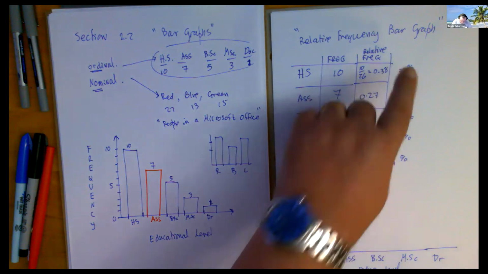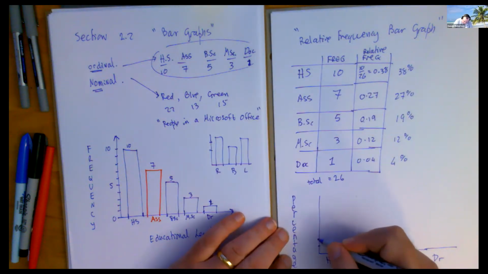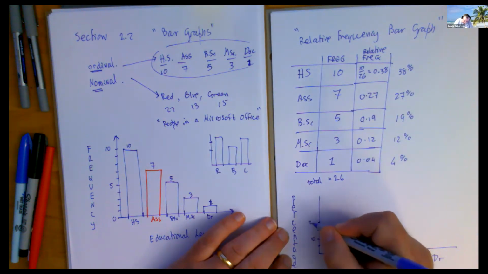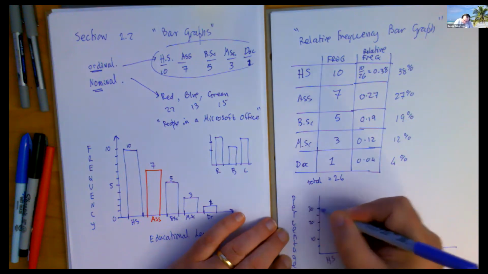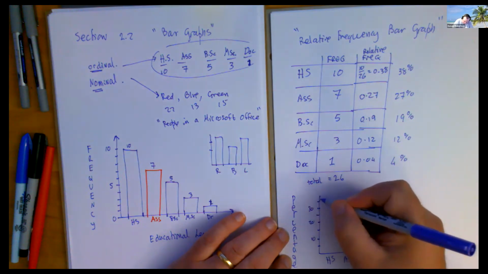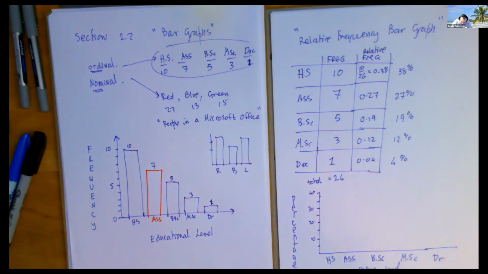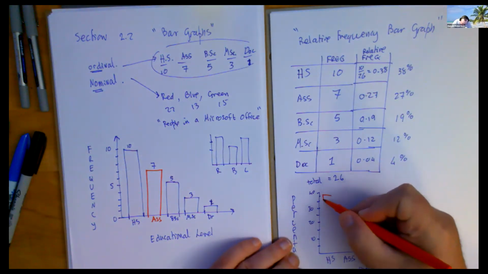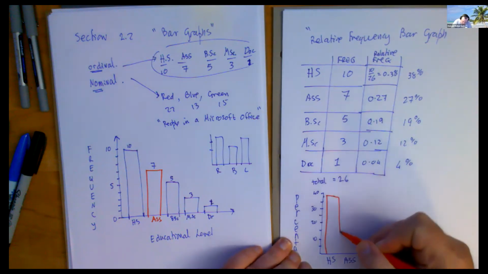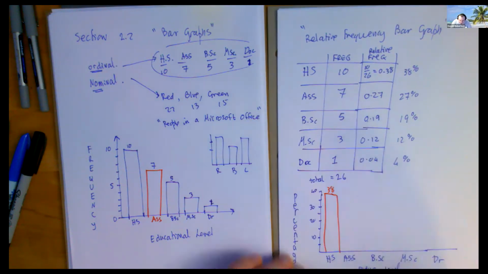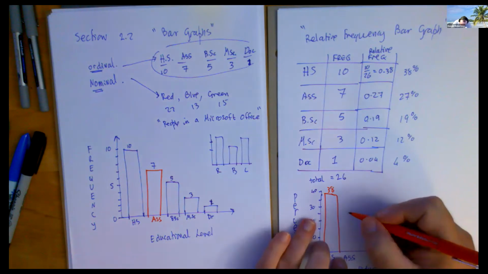And since the biggest one is 40, can you imagine when I go 5, 10, 15, 20, 25, 30, 35, 40. And so 38% would be probably about here. 27 for the associates is probably somewhere around about here.